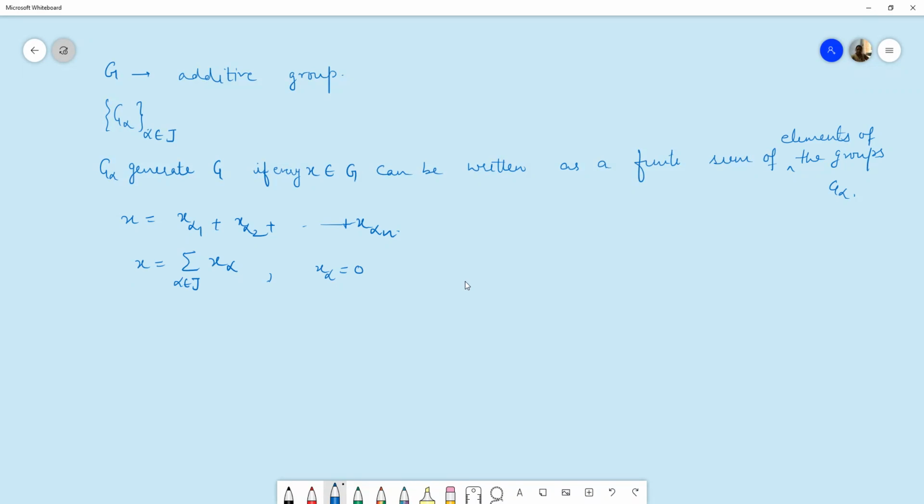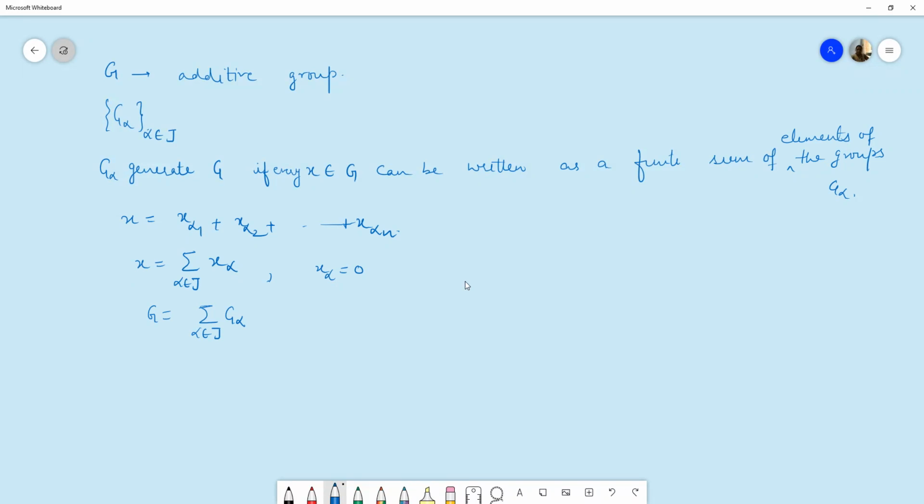Now, if the groups G alpha generate G, then we will say that G is a sum of the groups G alpha. And we write like this: G is summation G alpha, where alpha belongs to J. And in addition to this condition, if every element X of G can be written as a sum of the elements of G alpha in only a unique manner, then we will say that this is a direct sum.